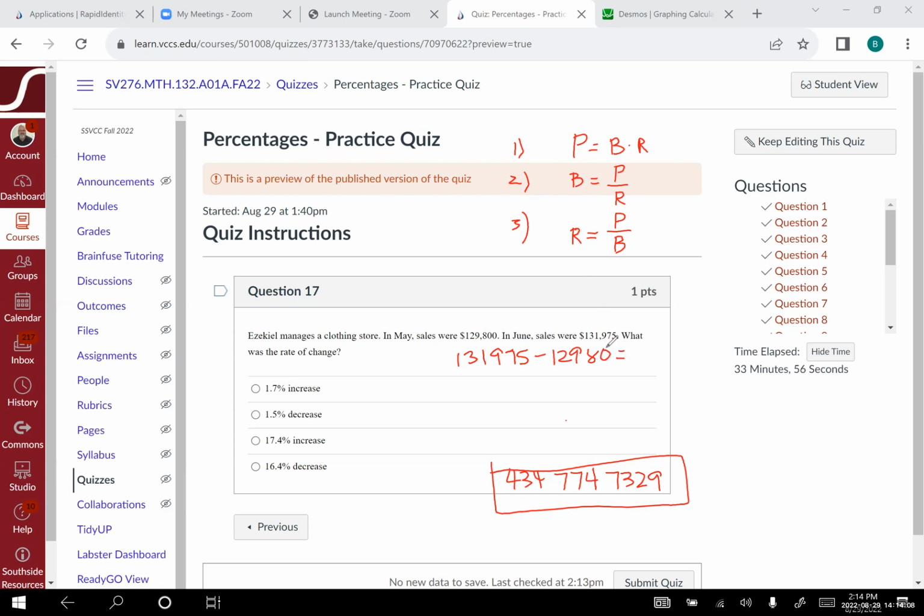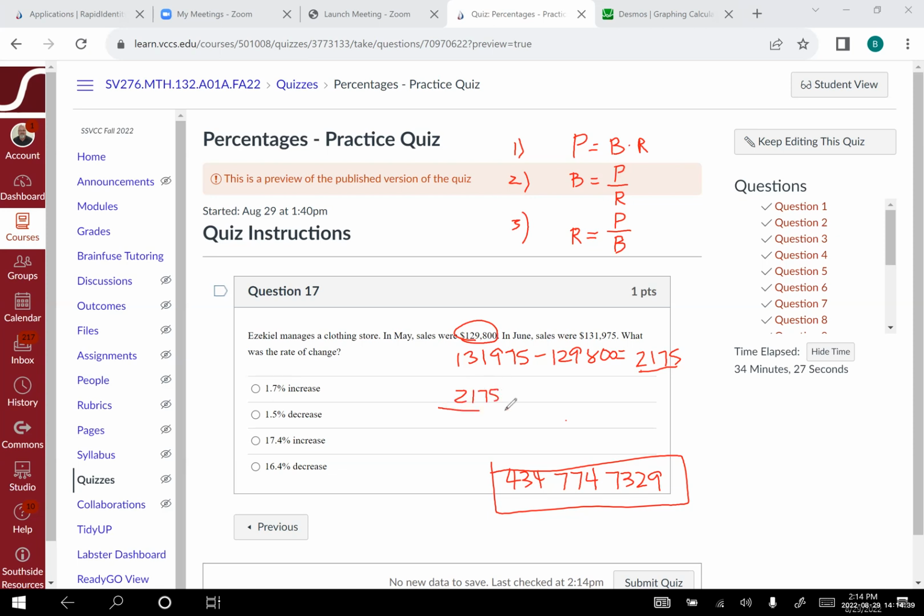What did this come out to? 2,175. Thank you. All right, so that becomes our part. And we divide it by that beginning sales number because we want to know what percent we went up from that.